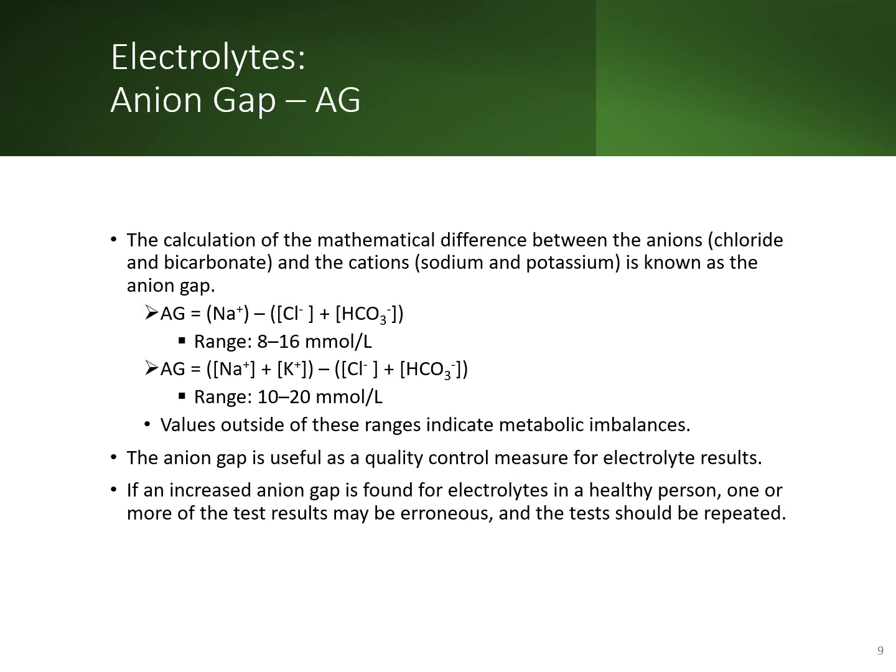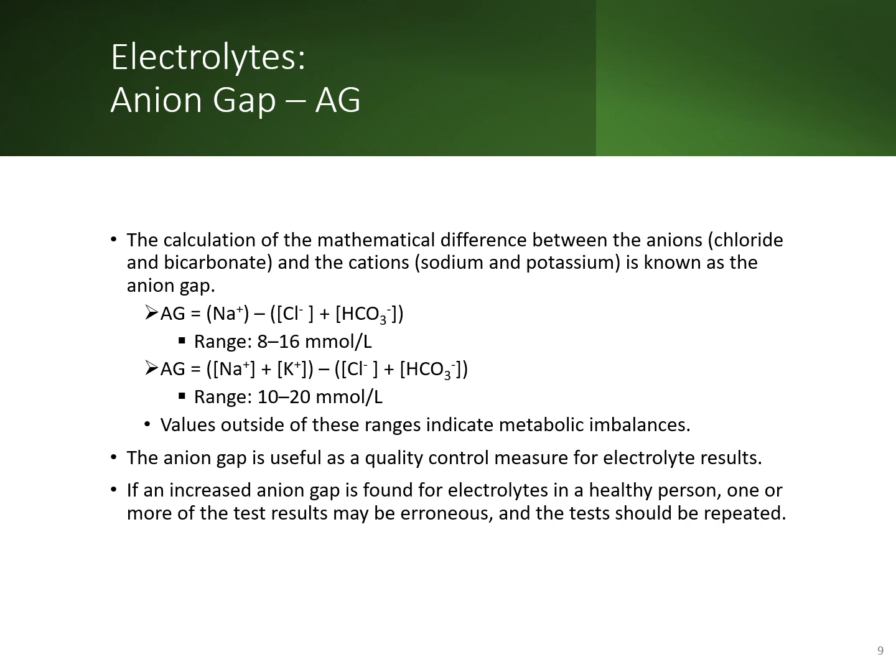An anion gap is not an actual electrolyte, but rather a calculation based off of the electrolytes. It measures the difference between the anions, which are your chloride and your bicarbonate, your negative charged electrolytes, and the cations, which are your sodium and potassium, which are positive charged.